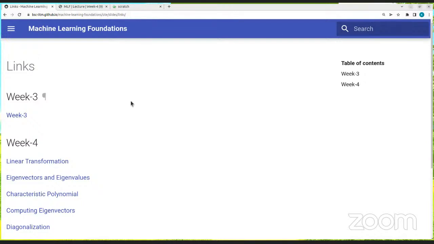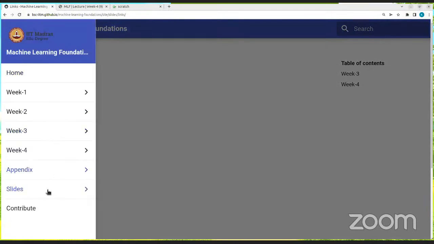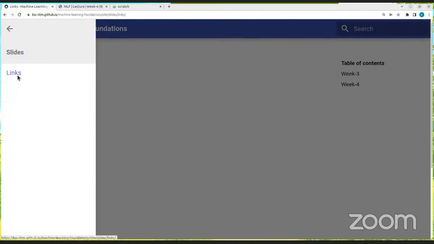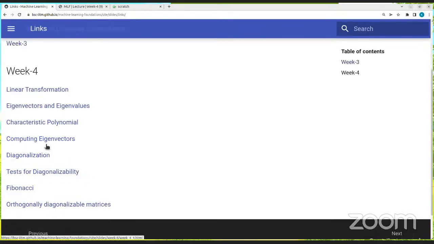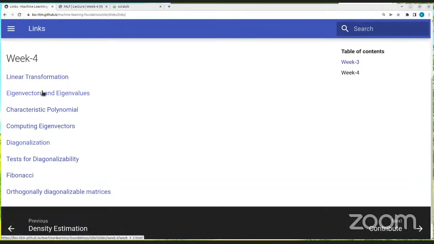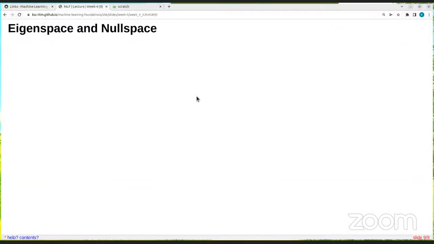In fact, this link is there in discourse. You just go and look at the section called slides in the MLF notes, and inside that in links you have week 4, computing eigenvectors.